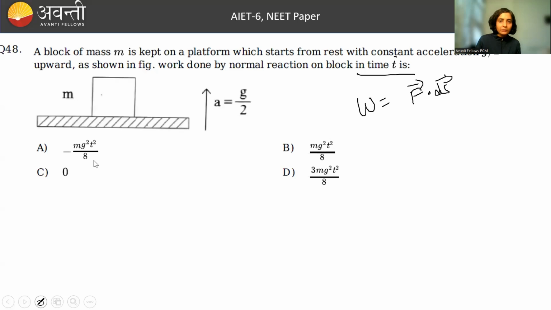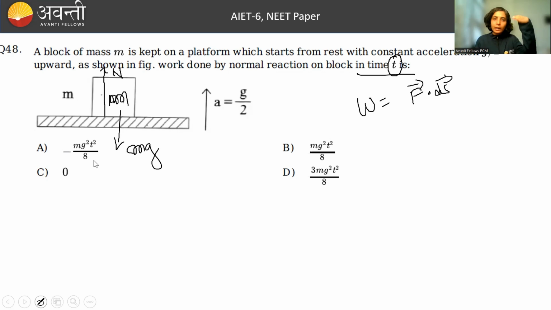So we need to see first how much displacement it will go in time t, what will be the angle between force and displacement, and what will be the force. Done. So let's see here. This is the block, right? So on this block of mass m, mg will act downward, and normal reaction on it will act in the upward direction.